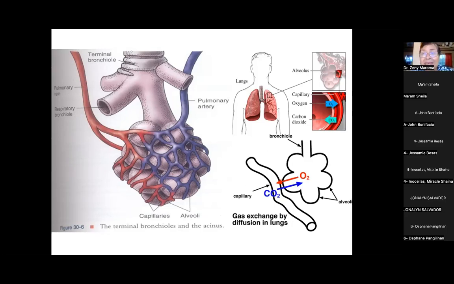Okay, let's have a drill. Exercise tayo. You tell me whether this condition is a shunted unit, dead space unit, or silent unit. Okay. 1. Laryngeal tumor. Please answer. Almira.